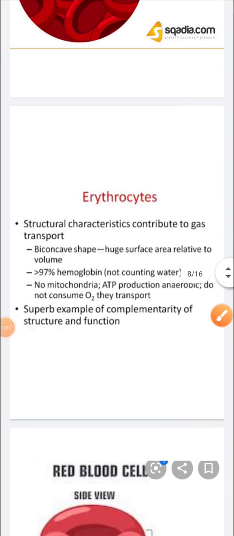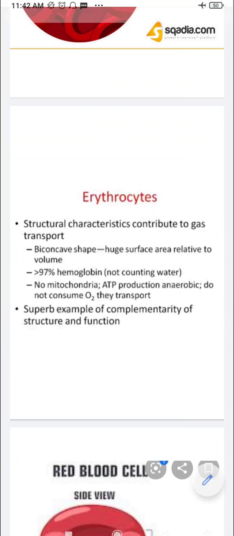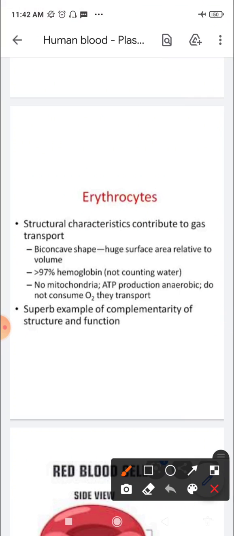So children, coming to the structural characteristics, it says here the structural characteristics contribute to gas transport. Now if we look at the structure of an erythrocyte, the side view, it looks something like this, right?